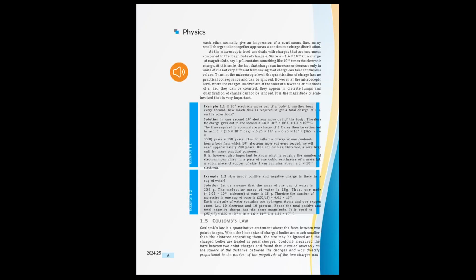Thus, at the macroscopic level, the quantization of charge has no practical consequence and can be ignored. However, at the microscopic level, where the charges involved are of the order of a few tenths or hundredths of e, that is, they can be counted, they appear in discrete lumps, and quantization of charge cannot be ignored. It is the magnitude of scale involved that is very important.